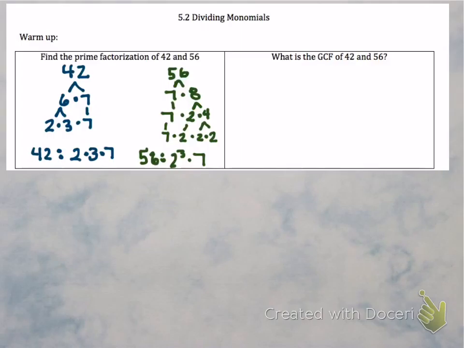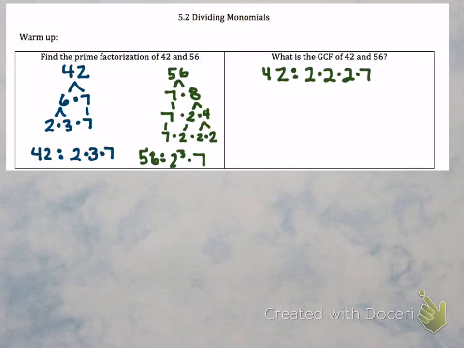All right. And then GCF. If we find the GCF through prime factorization, it's almost the same process, and then we just have to find our matching factors. So for 42, we have factors of 2 times 3 times 7, and the factors of 56 were 2 times 2 times 2 times 7, or 2 to the third times 7.